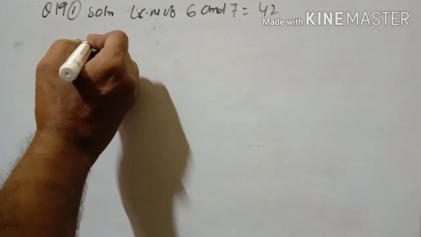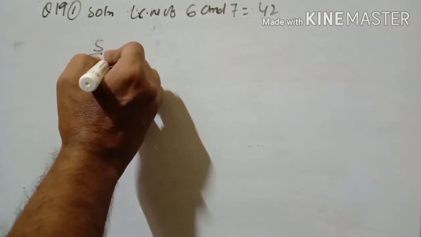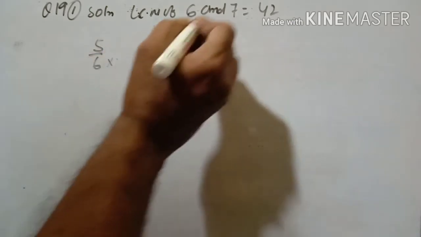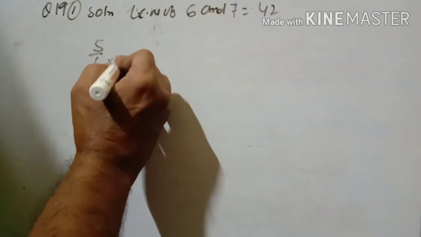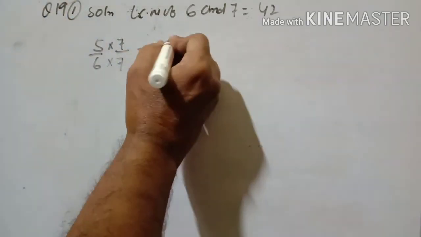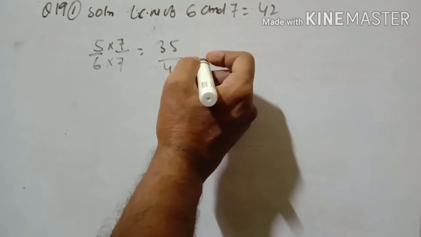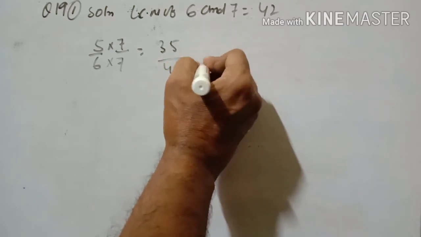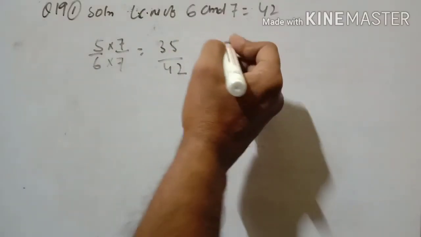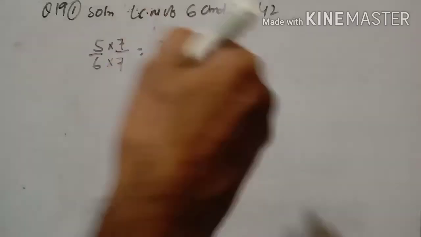So for 5 by 6, what do I have to multiply so that the denominator becomes 42? I am multiplying by 7. So it will be 35 by 42, and the other one is 6 by 7.